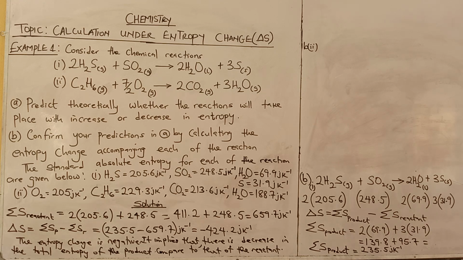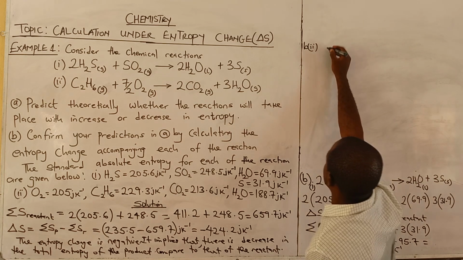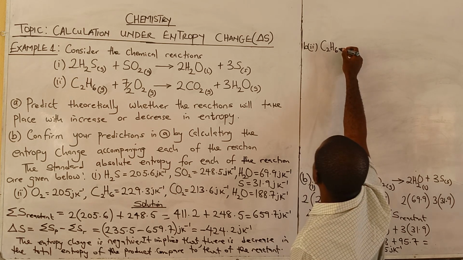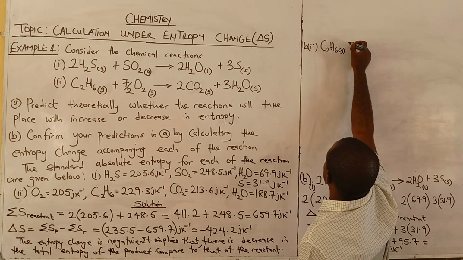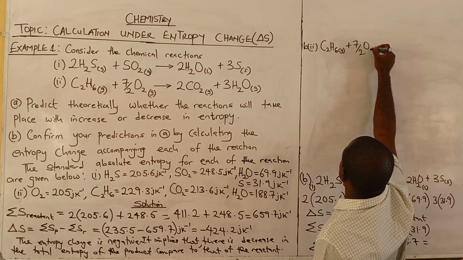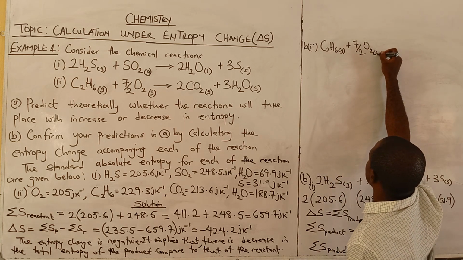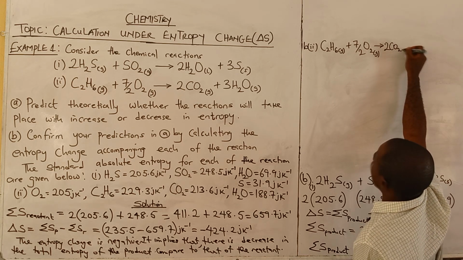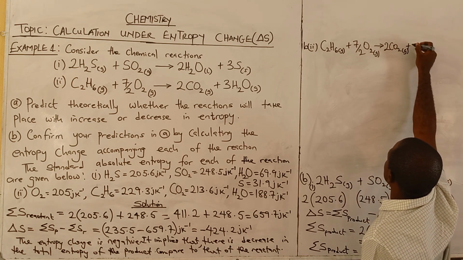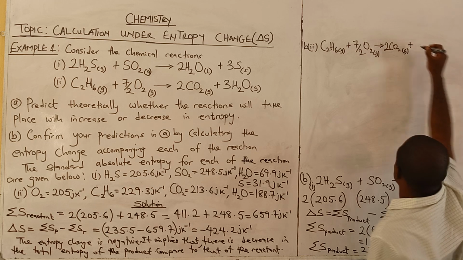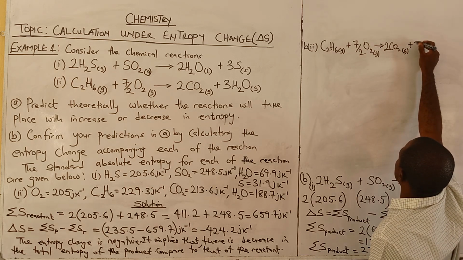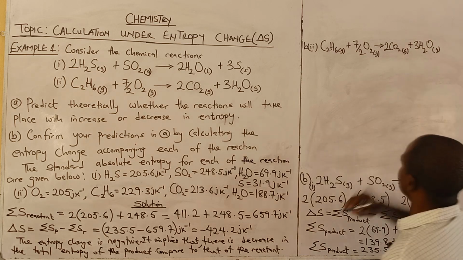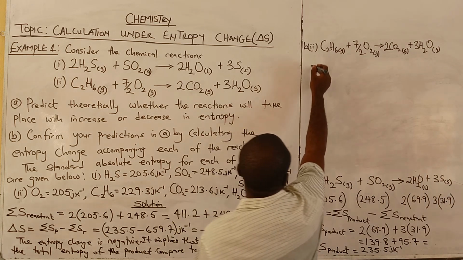In B2, we have, write it out first, C2H6 gas plus 7/2 oxygen gas to give us 2CO2 gas plus 3H2O gas. Same thing, we are applying the same formula.